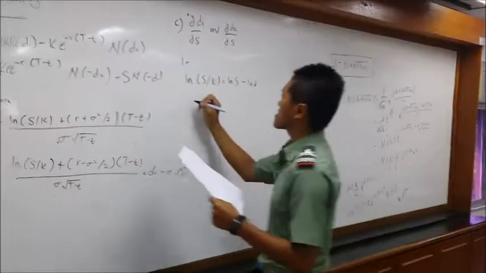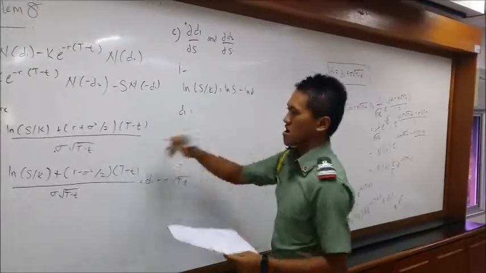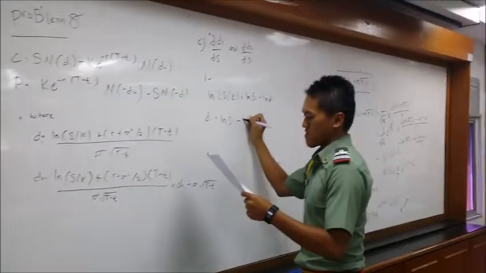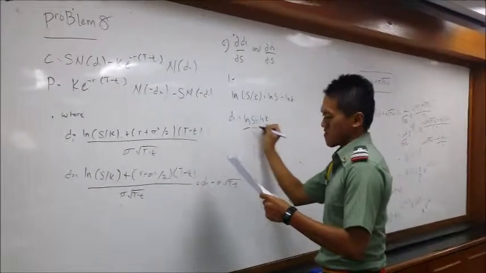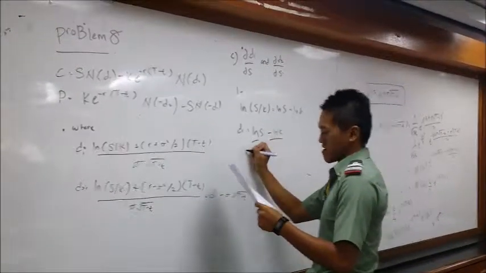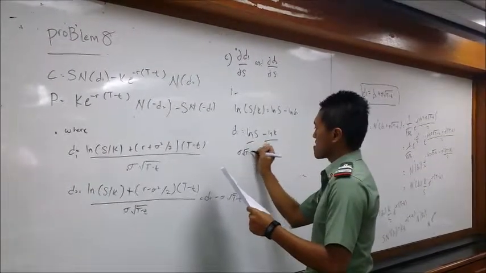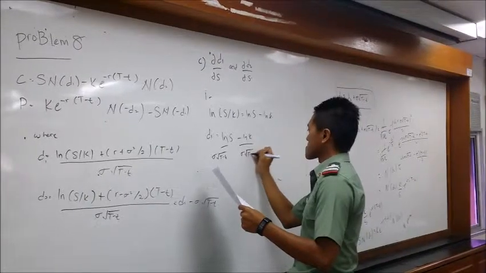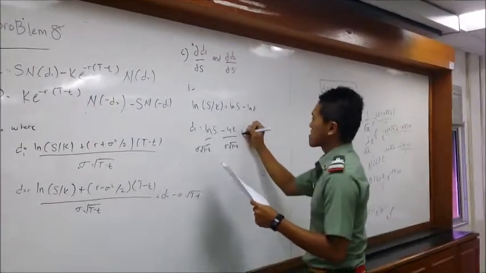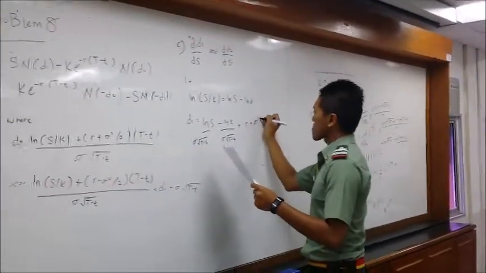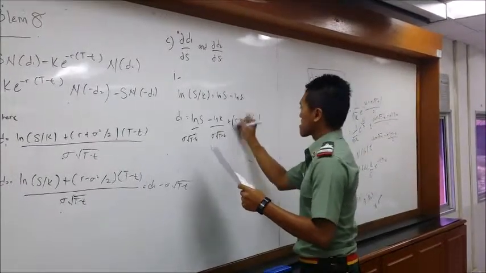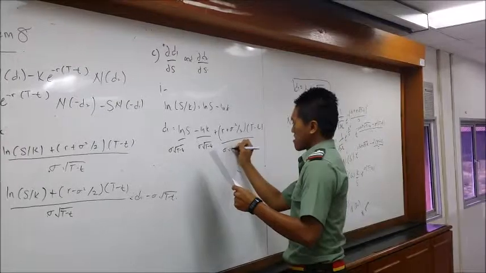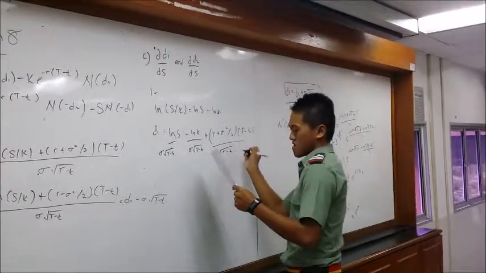So d1 equals (ln S minus ln K) over sigma square root of (T minus t), plus (r plus sigma squared over 2)(T minus t) over sigma square root of (T minus t).